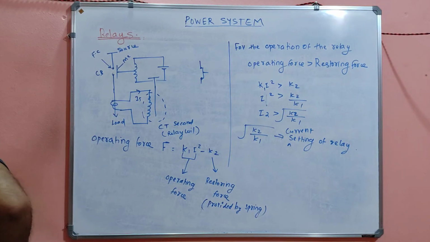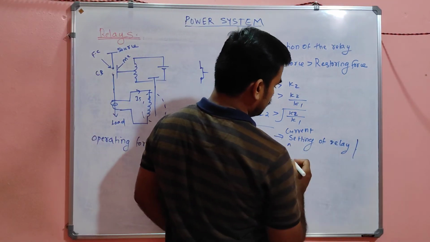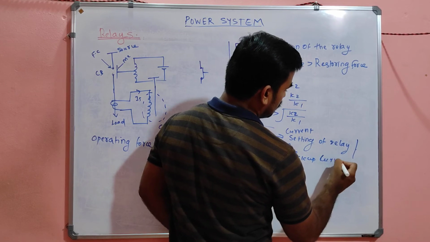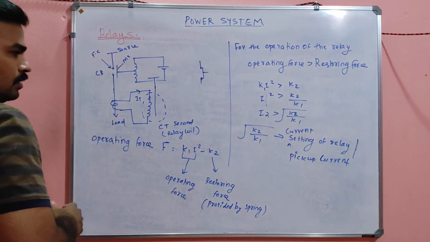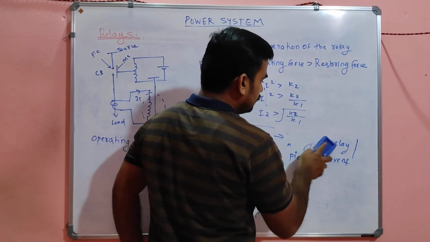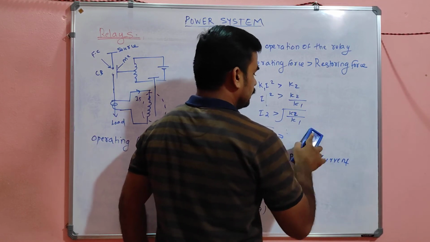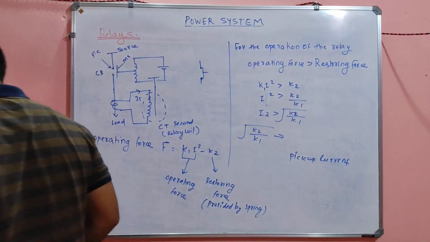Current setting of the relay, or in other words, pickup current. You can directly use the word pickup current. It's good. So this is called the pickup current. What is this? Pickup current.